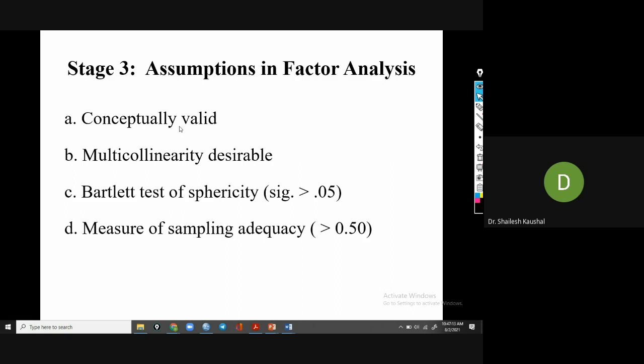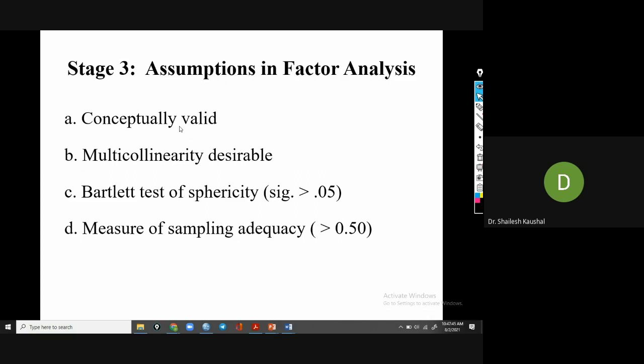It means whatever constructs and questions we take from the literature review should be based on service quality, because service quality is a scale given by Parasuraman, with five main components: tangibility, reliability, responsiveness, empathy, assurance. These are the five components, and each component has 4 or 5 questions.